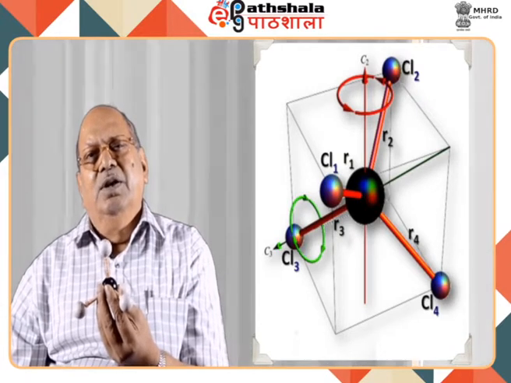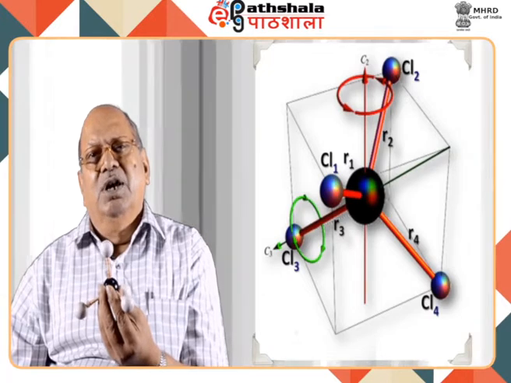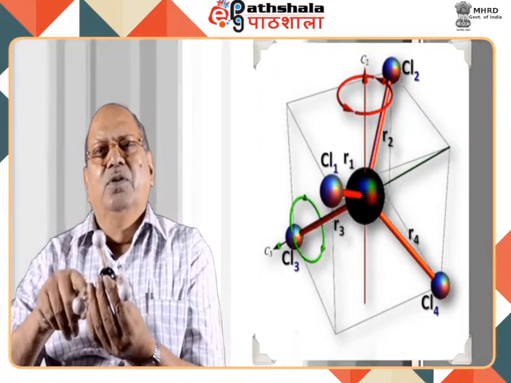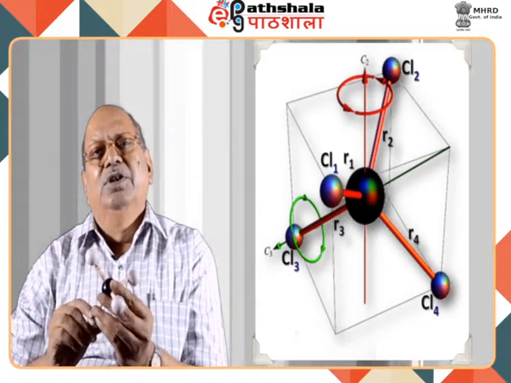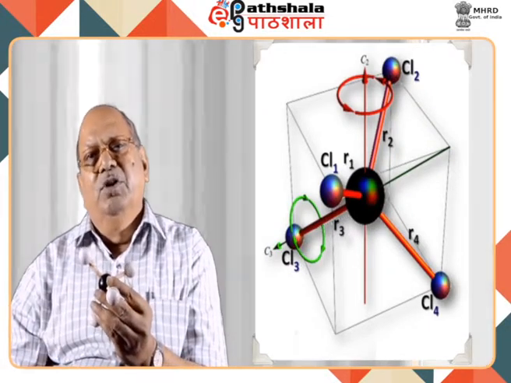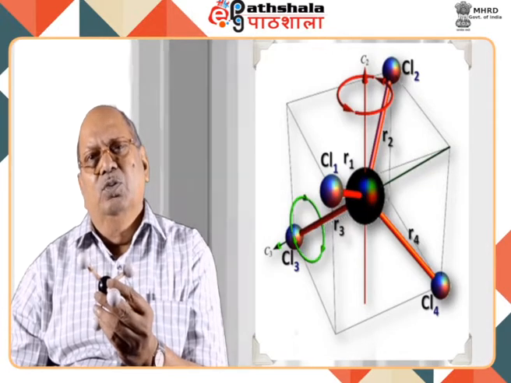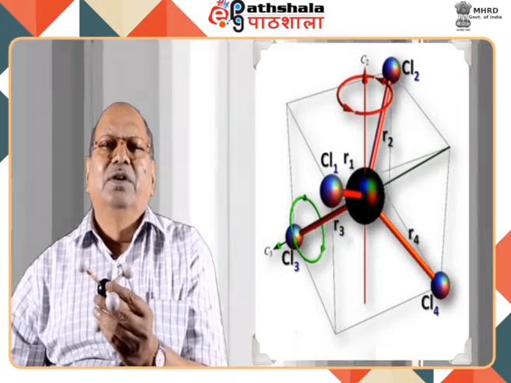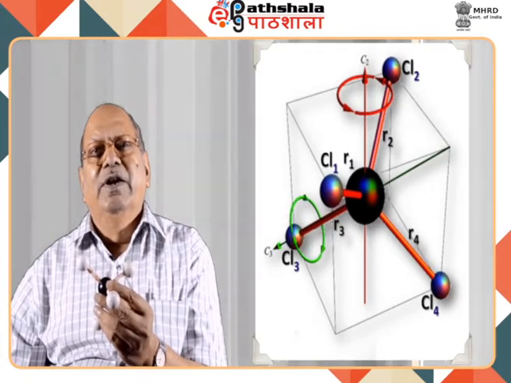And again I have numbered these R1, R2, R3 as the bond vectors, and we will see the effect of the symmetry operations corresponding to the molecule on these bond vectors.